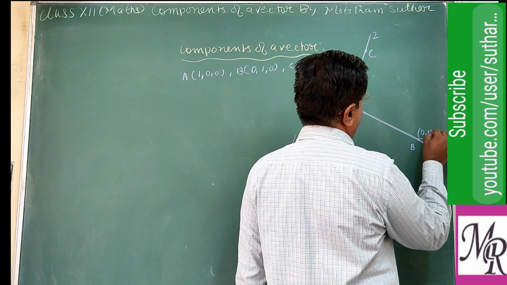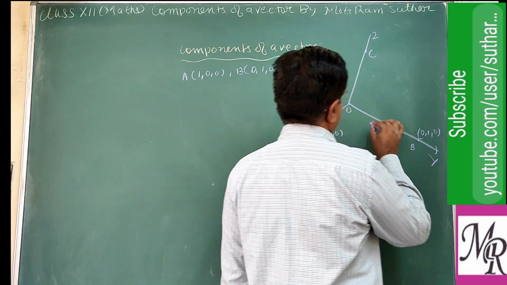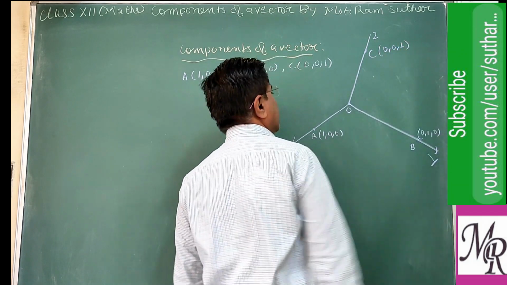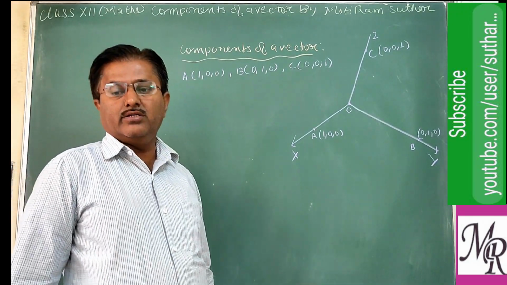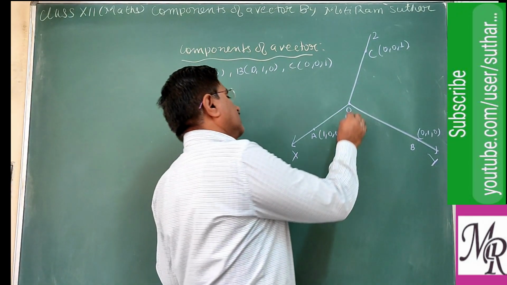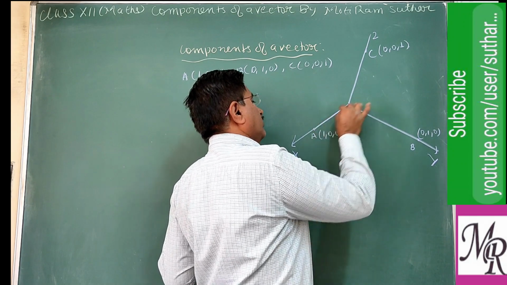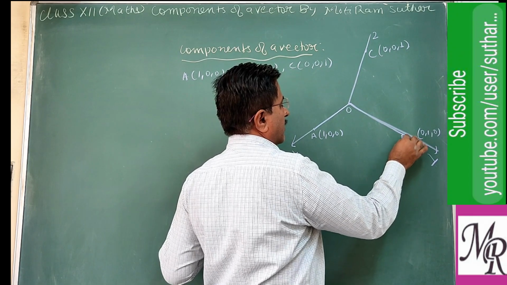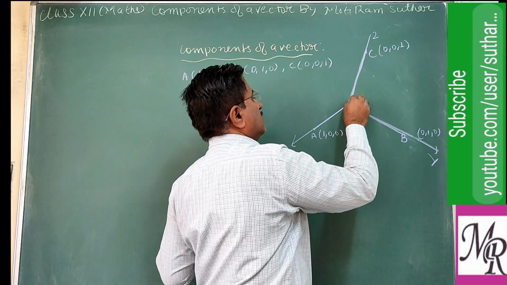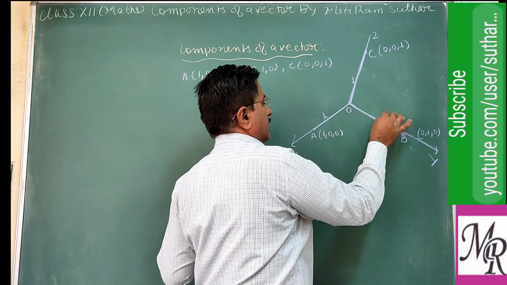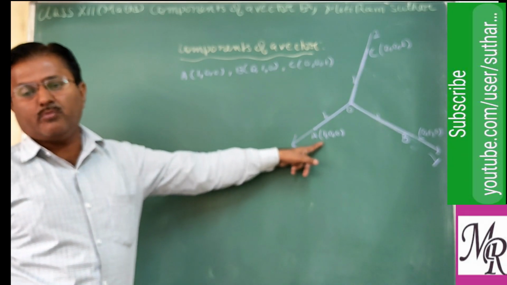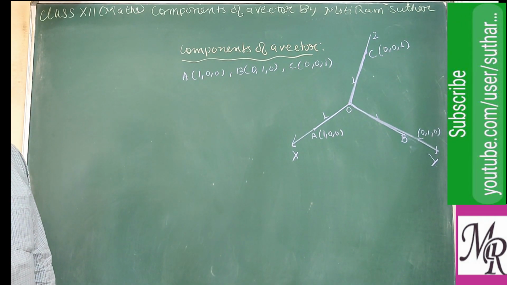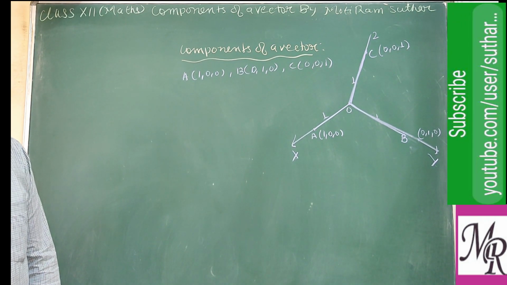So 0 1 0. And C, similarly, the z coordinate is scalar, x and y are 0. And we are taking the distance from the origin to each point as 1 unit. Clear? This distance is 1 unit. That's why the coordinates of point A are 1 0 0, B 0 1 0, C 0 0 1.